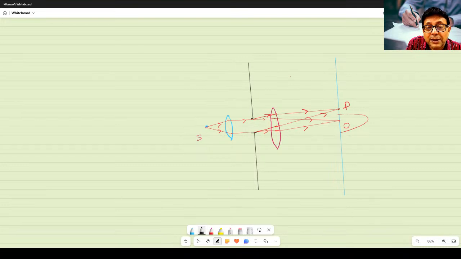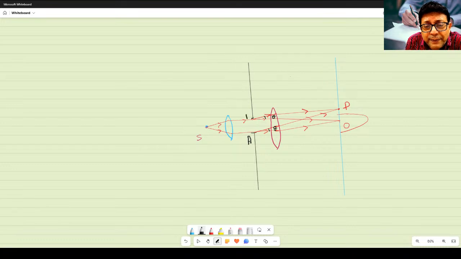This is an arbitrary point where light gets diffracted, and we get this diffraction angle, you take theta. When light gets diffracted by an angle theta, we get a maximum over there. It may be a point of minimum also. We don't know, maximum or minimum will be there. And this is the slit.